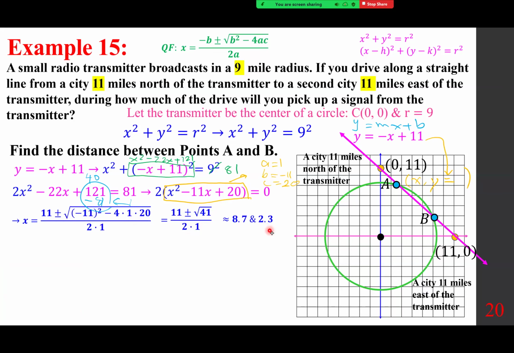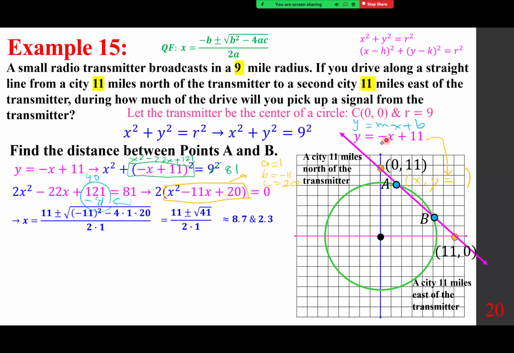Which means this one can have coordinates 8.7, plug into this to find y. And the other one is 2.3, this is 8.7, and then plug it into minus x plus 11, or you can even plug it into the circle.